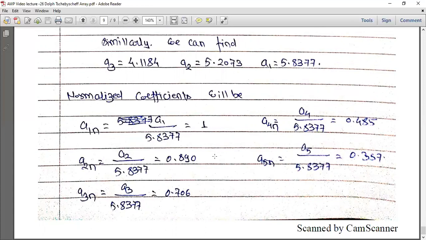Then A2 will be equal to 0.890, then 0.706, then 0.485, and then 0.357. Okay, so in this manner we come to the design of the Chebyshev antenna.